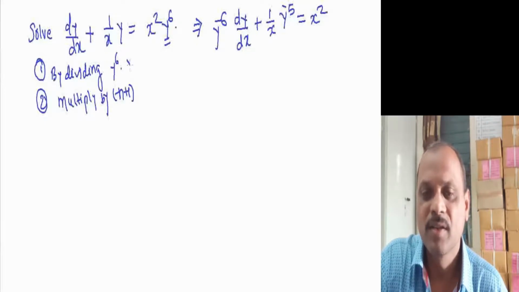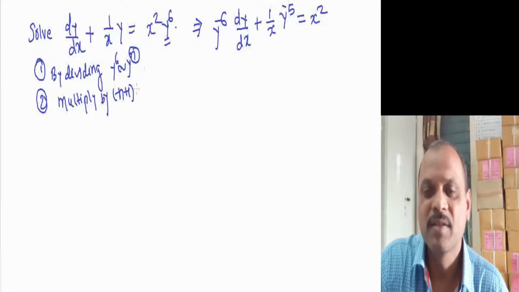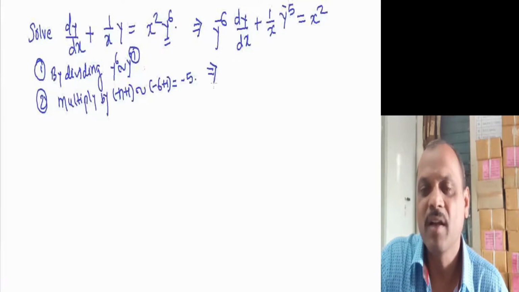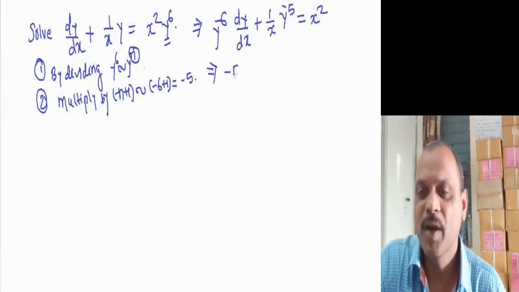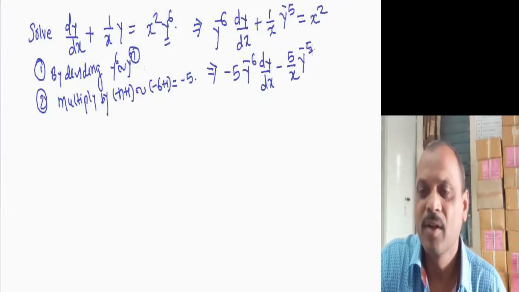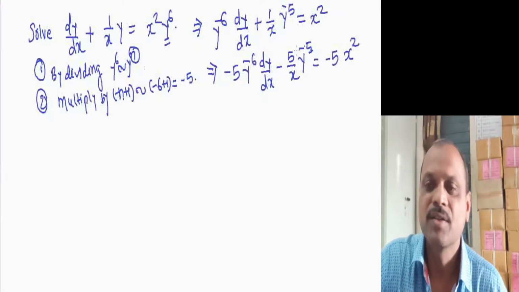Compare this with y raised to n, so that your value of n will be 6, and hence minus n plus 1 in this case will be minus 6 plus 1, and this will be minus 5. So, let us multiply this equation by minus 5. Minus 5 y raised to minus 6 into dy by dx minus 5 divided by x y raised to minus 5 equal to minus 5 into x square.